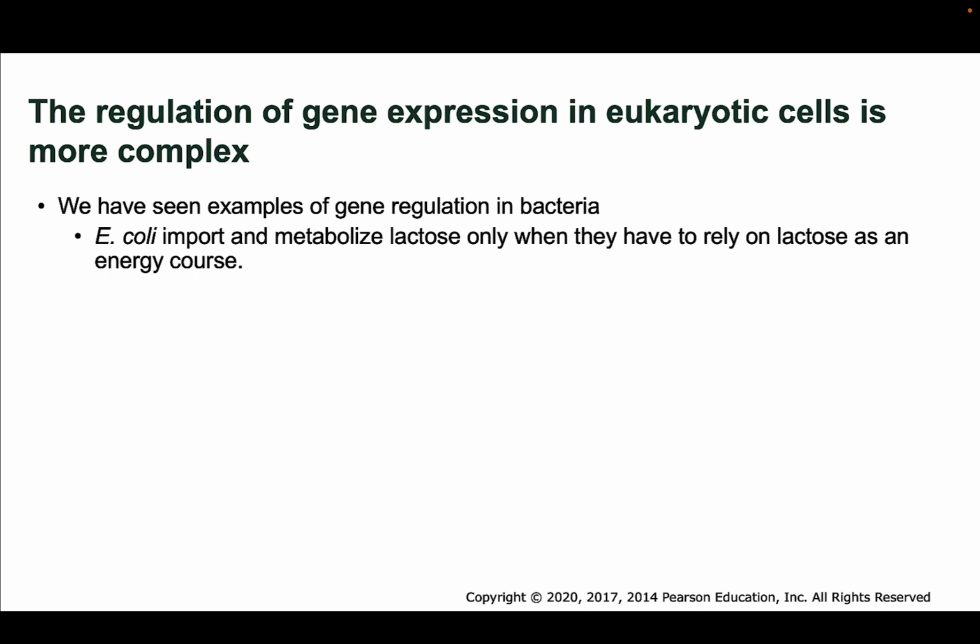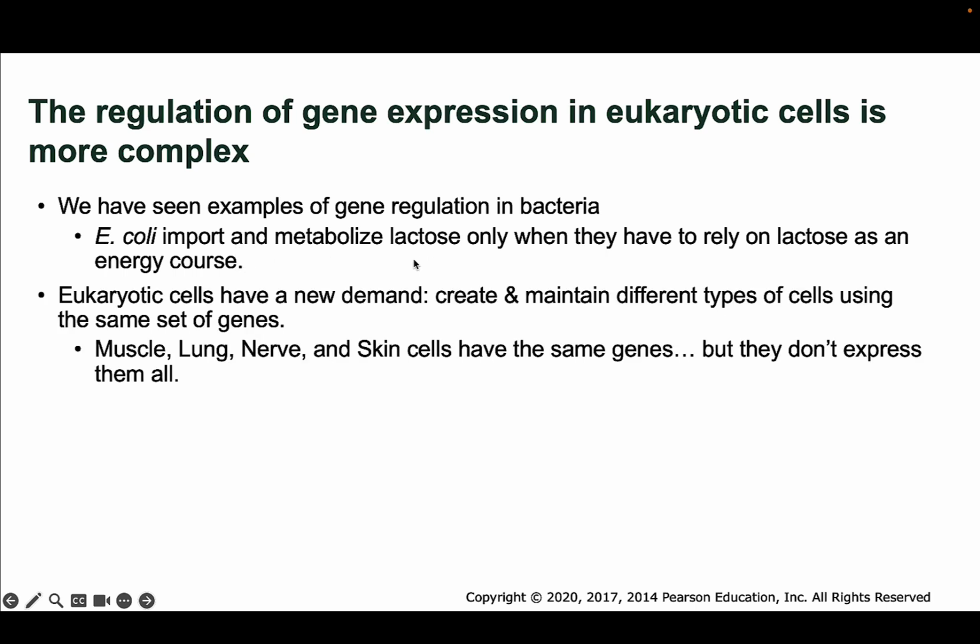And so it's not useful for them to metabolize lactose when glucose is present, but when glucose is absent and only lactose is present, then they can turn on genes that allow them to import and metabolize the lactose and use it as an energy source.